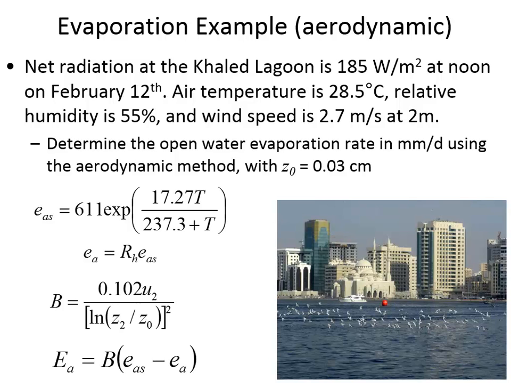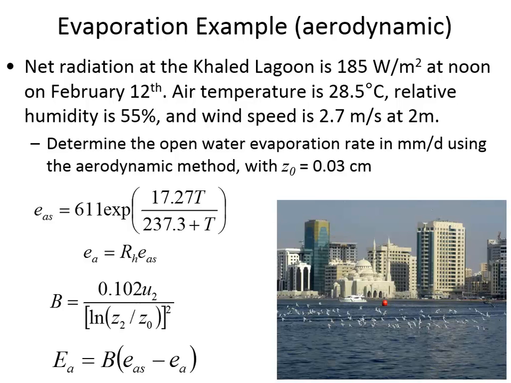So Z2 is 200 centimeters divided by 0.03 centimeters, which was the average wave height. Square that. 0.0036 millimeters per day per Pascal.